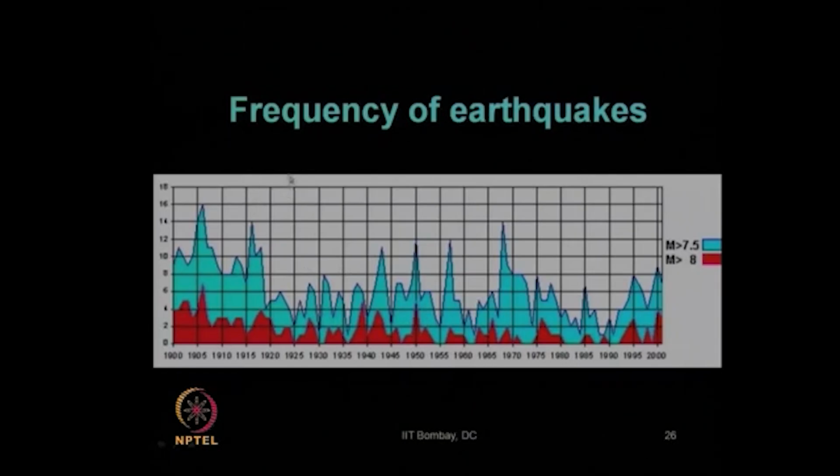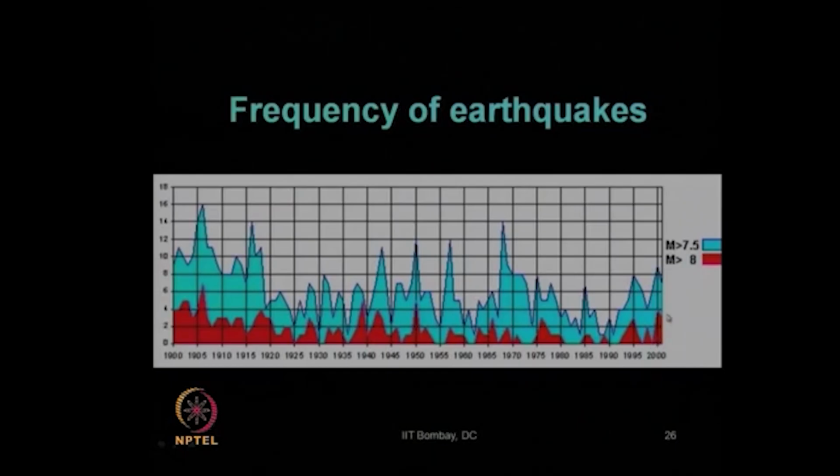This shows the frequency of the earthquake worldwide. These red colors are magnitude more than 8. This is from 100 years record, 1900 to 2000. The y axis is showing frequency, meaning number of earthquakes. So many earthquakes of more than 8 occurred.